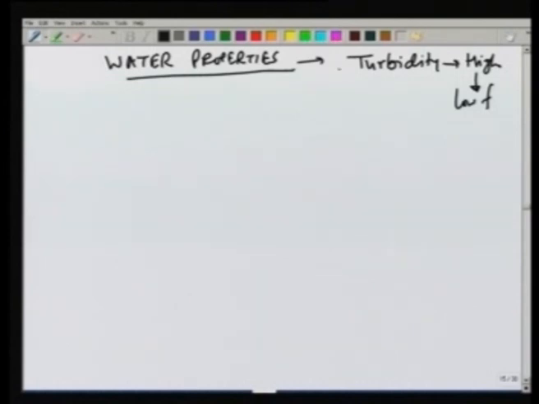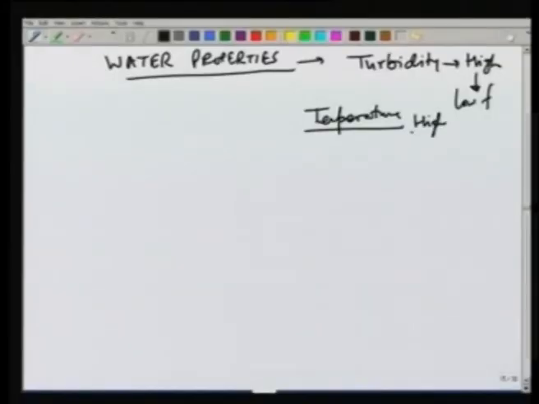Then temperature of the water will also affect. Temperature of the water affects the viscosity of water, and viscosity affects the permeability. If temperature is high, it will mean the viscosity is smaller, and therefore, water can easily go in the pores.